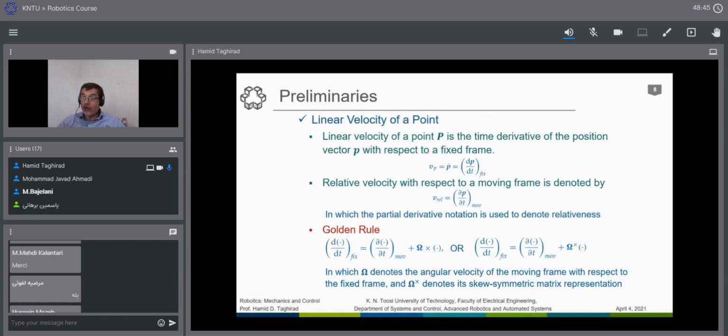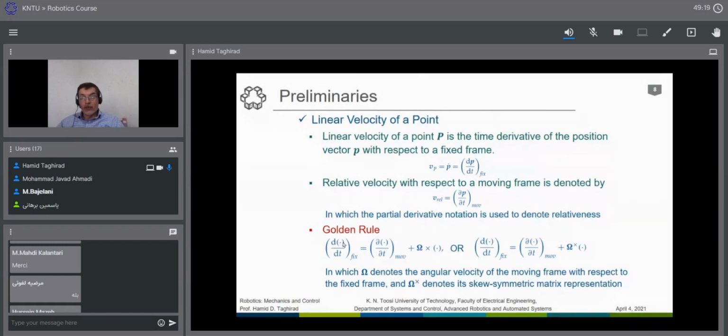And this golden rule, of course, is also proven quite rigorously in classical mechanics: if you want the derivative with respect to a fixed frame, you can make it simple and find the derivative with respect to the moving frame, whatever it is. Either it is a point position, a velocity, a force, a torque, or even a rotation matrix.